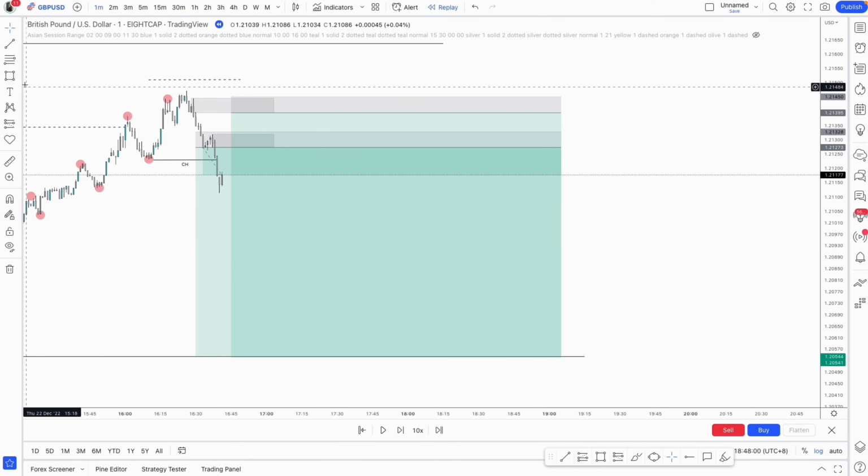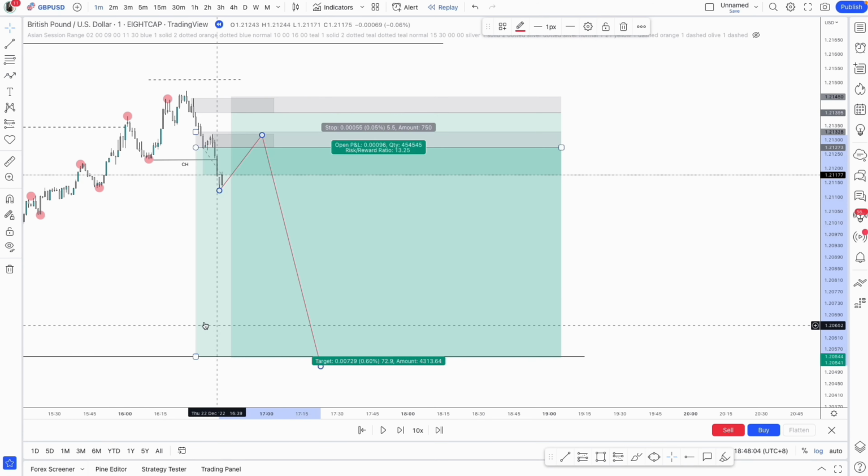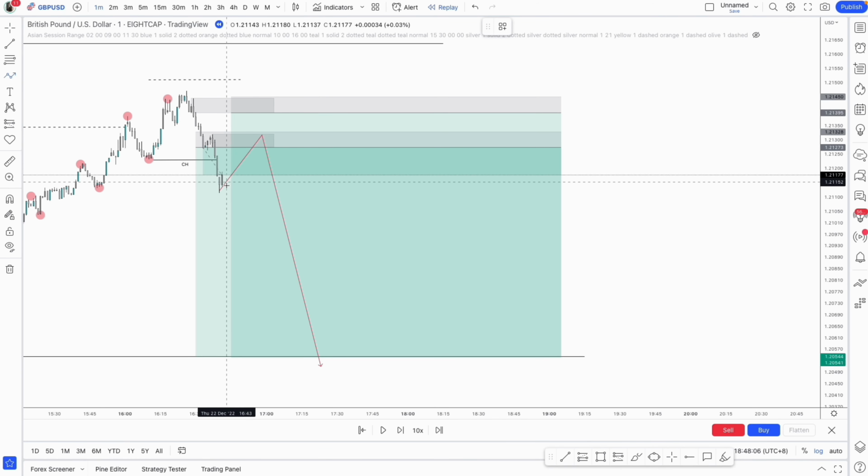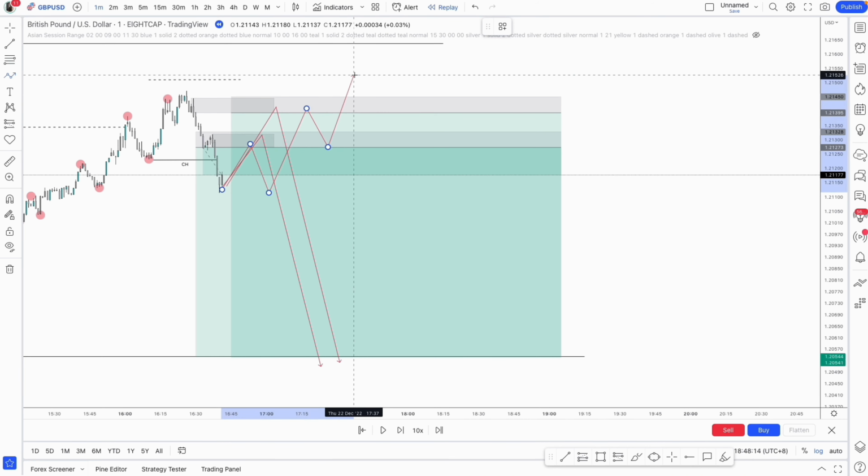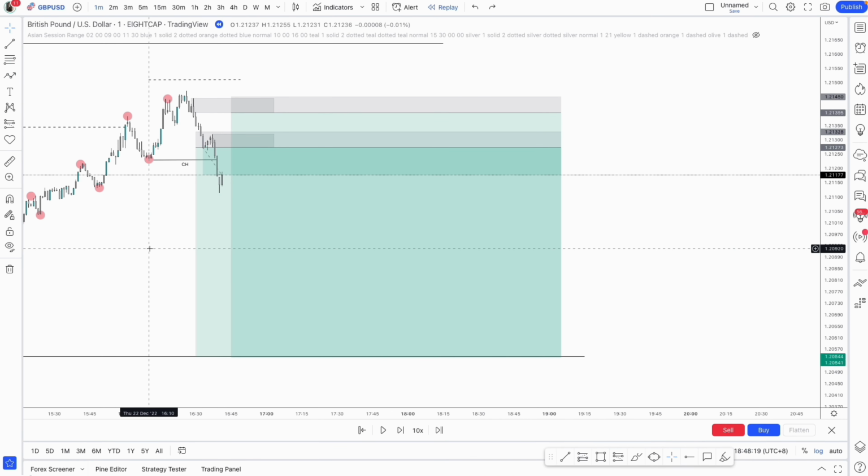Either scenario number one is essentially this. Scenario number two is essentially this. And of course, scenario number three is something like this, where it just takes both the stop losses. All of those are possible scenarios, and that is something as a trader we have to accept.